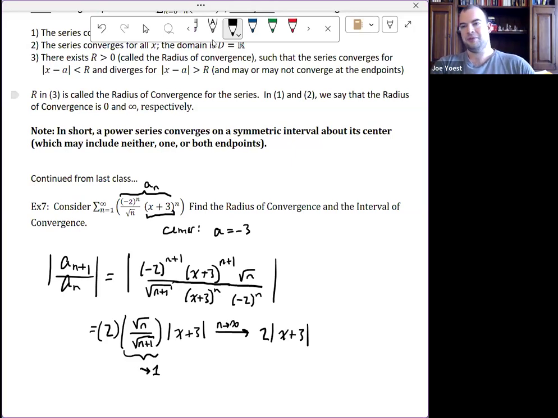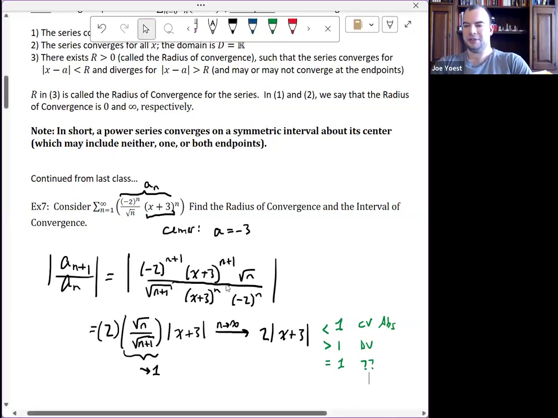And remember, the conclusion of my ratio test is that if this ratio is less than 1, we converge absolutely. If it's bigger than 1, we diverge. And if it's equal to 1, we're not sure. We have to do something else to figure out convergence or divergence there.